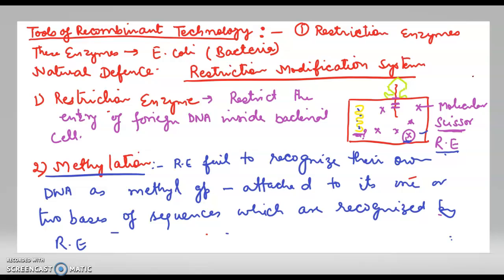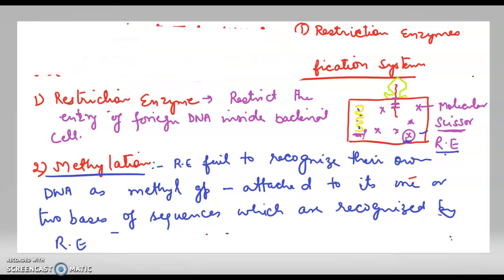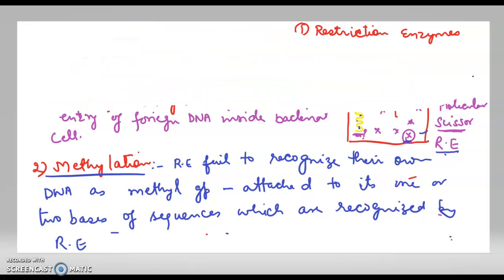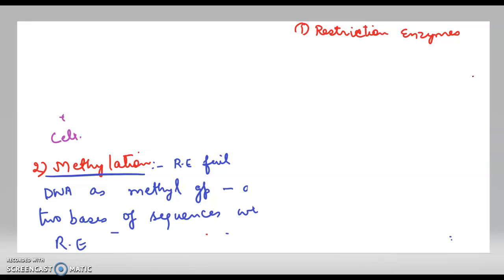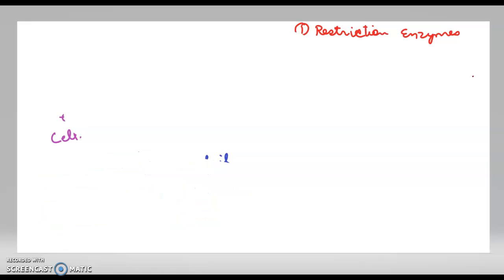Now, next, restriction enzymes are actually of three types, but only one type of restriction enzyme can be used in rDNA technology. So there are type 1, type 3, and type 2 restriction enzymes.